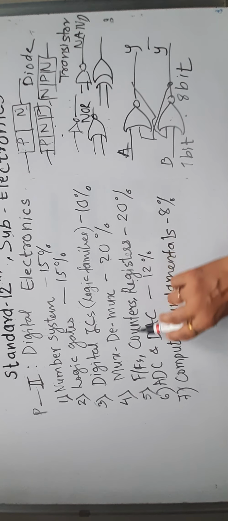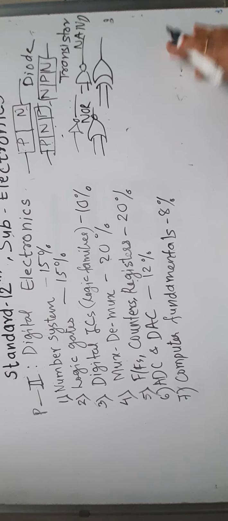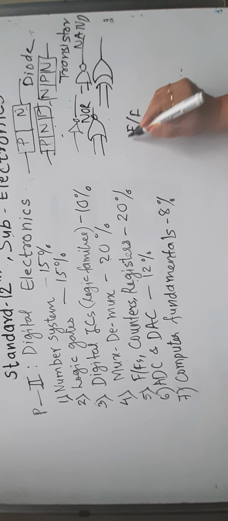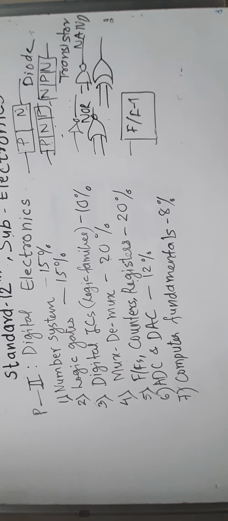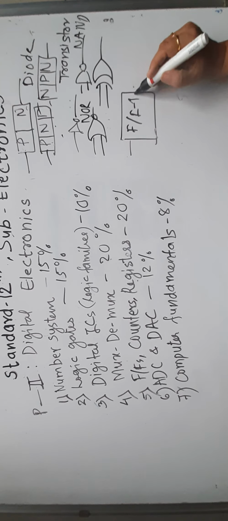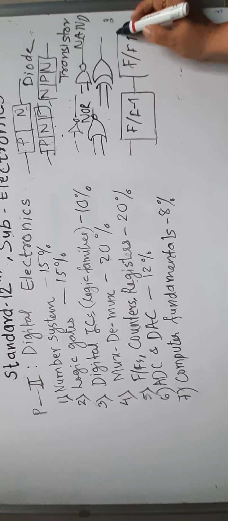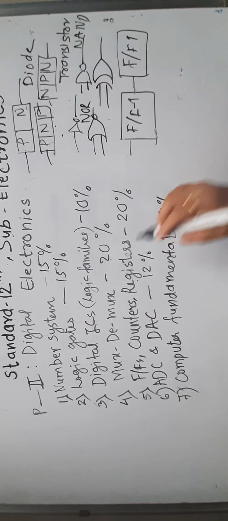Next are register and counter. One flip-flop is denoted by such a block only. So this is flip-flop number 1. Now, how are registers formed? Registers are also formed by using such flip-flops. A register is used to store temporary data inside the processor.